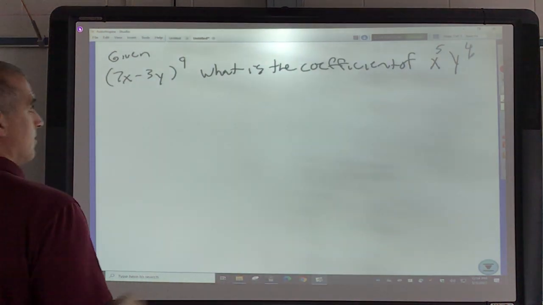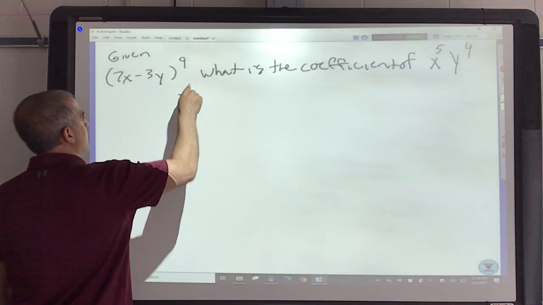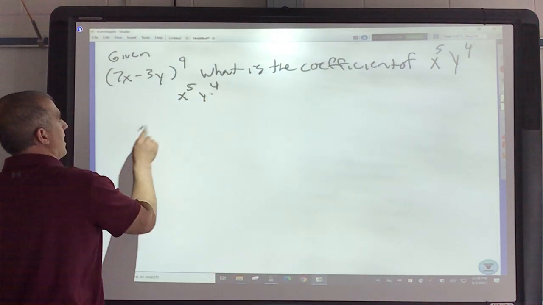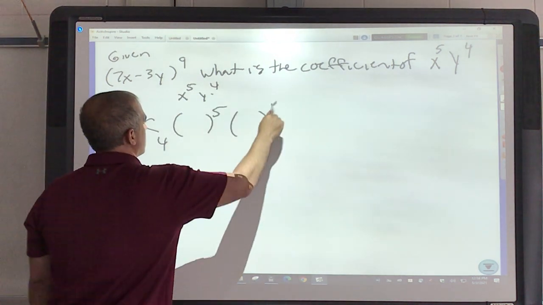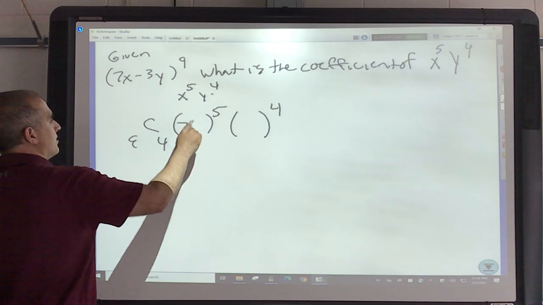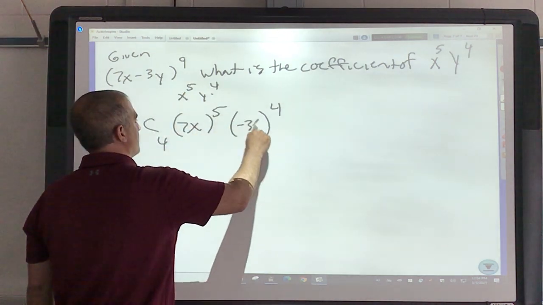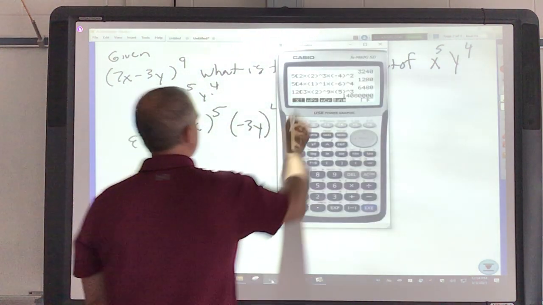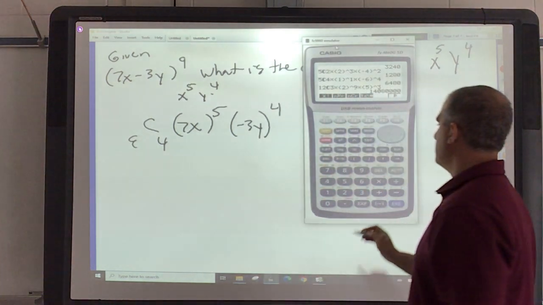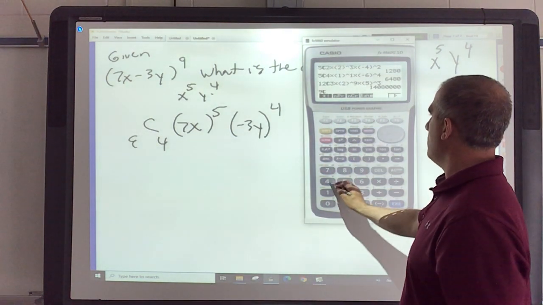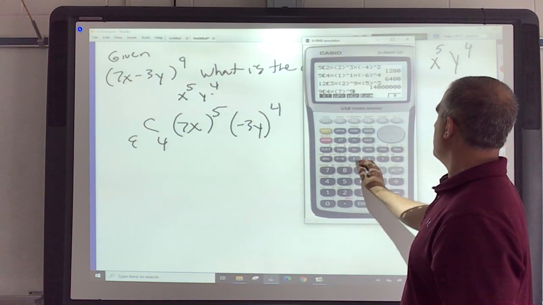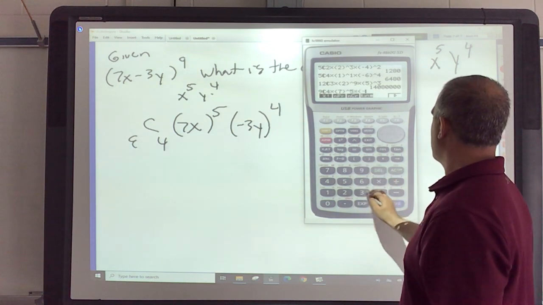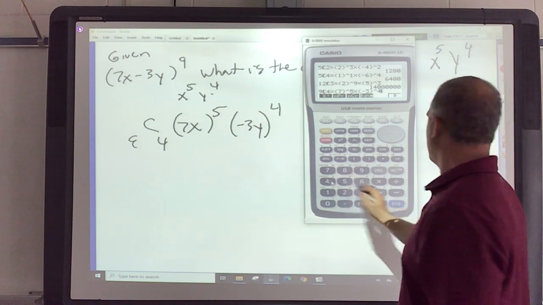Okay, so once again, because I'm at x5 y4, I know that I would be 9 choose 4, all right? All right, so very simply, this goes into 7x. Very simply, this goes into -3. Okay, so I got 9 choose 4 times 7 to the 5th times -3 to the 4th.